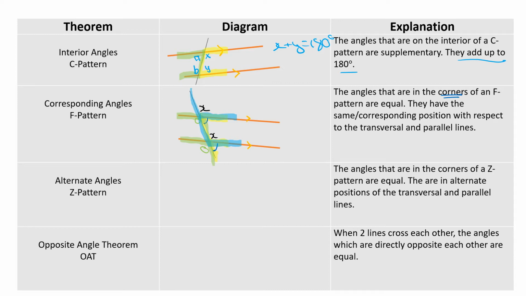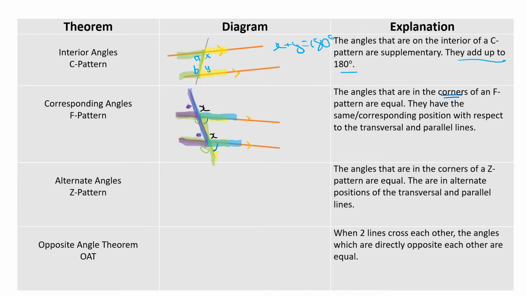And there's one more F pattern. This one is backwards and upside down, still using the transversal. And then here is the parallel part there. And that, again, same thing over and over again. So the angles tucked in the corners of the F, just put a colored in dot there, a colored in dot there. Those two are equal to each other.